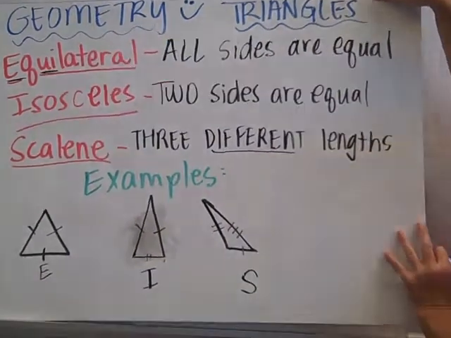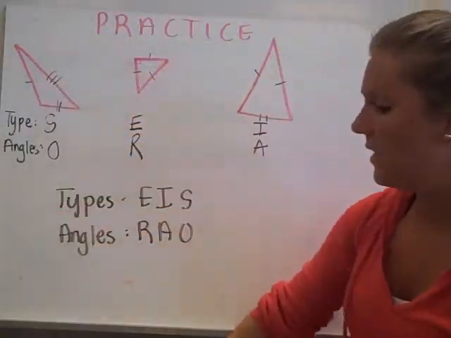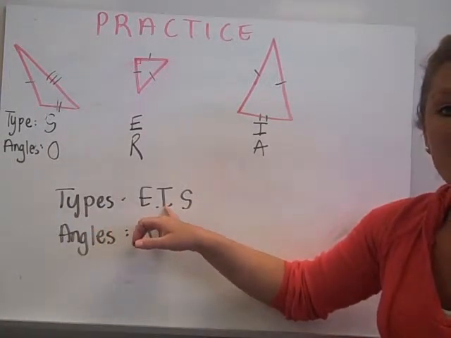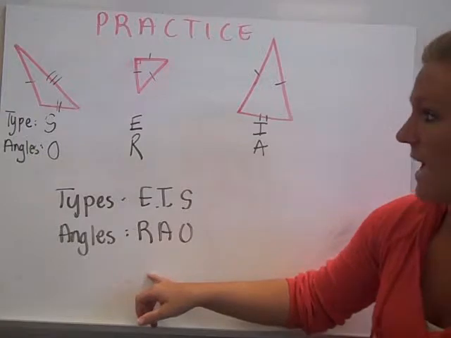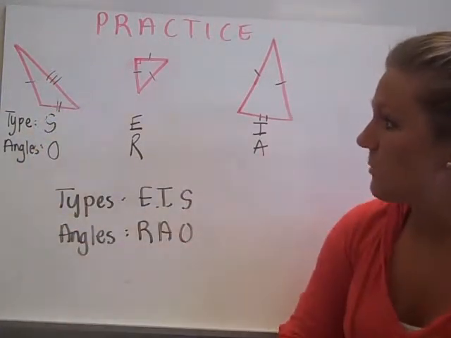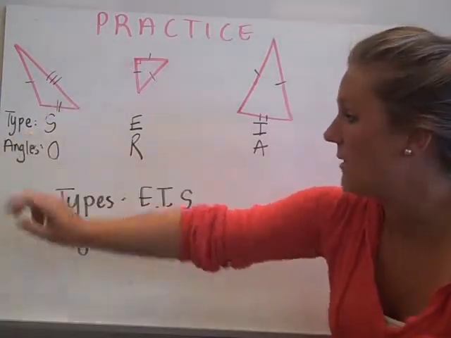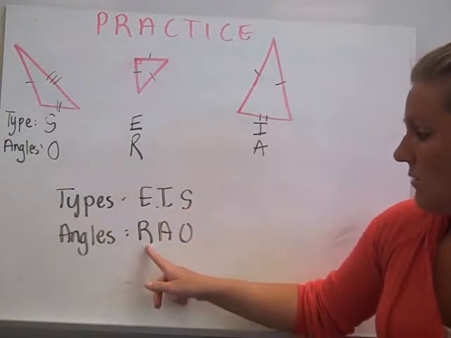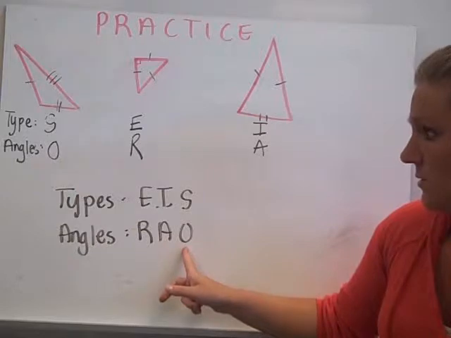All right, here are some practice ones for us to talk about because you can classify them as both the type of triangle and based on the angle it has. So if I look at this picture, I can tell the type, and again, equilateral, isosceles, scalene, right, acute, obtuse.